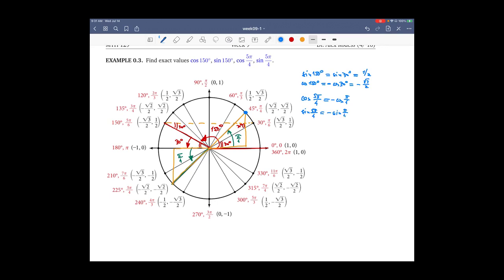And all you need to do now is recall the values of cosine and sine of pi over 4. They are both root 2 over 2.